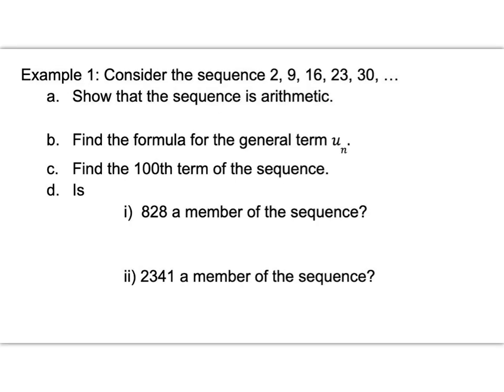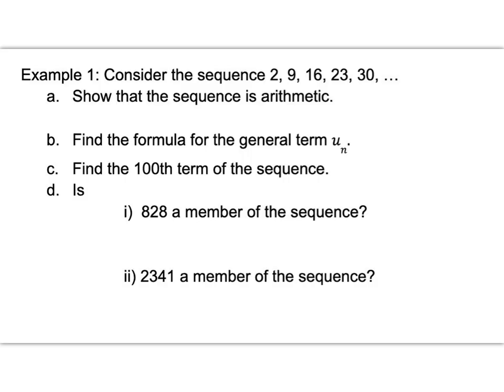So we're going to show this sequence here, 2, 9, 16, 23, and 30. We're going to show that it's arithmetic first, and then we're going to find a formula for the general term. Then we're going to find the 100th term in that sequence, and then we're going to look and see if a couple numbers are part of that sequence.